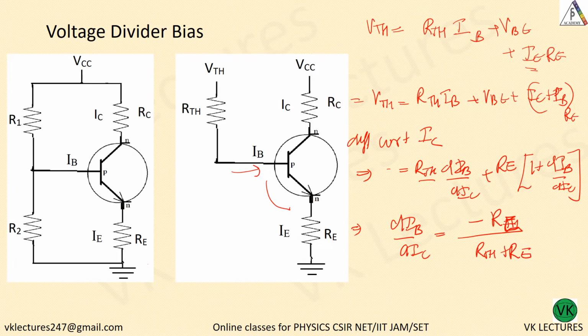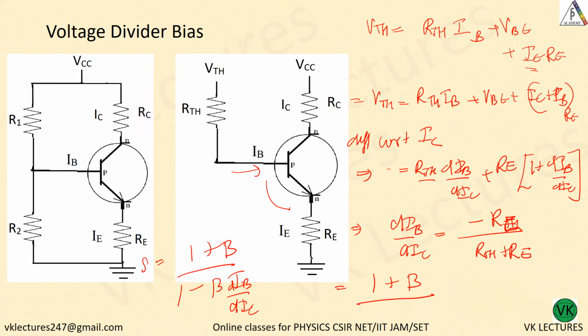Now our stability factor S is equal to 1 plus beta divided by 1 minus beta into dIB by dIC. Just substitute this value: 1 plus beta divided by 1 plus beta, this minus and minus will get cancelled, RE divided by RTH plus RE. So that is it for this.